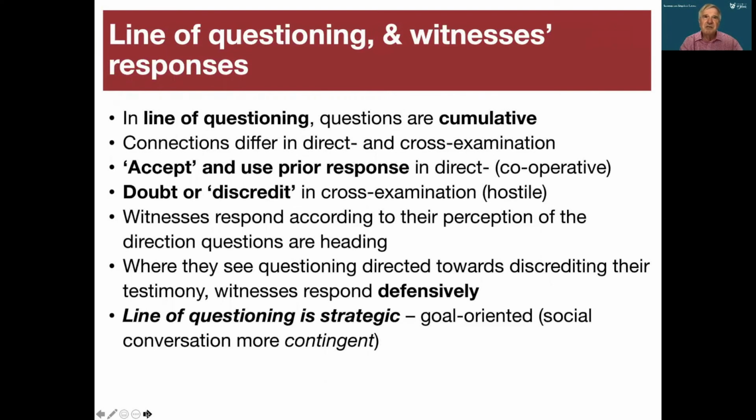The connections differ between direct examination and cross-examination. In direct examination, they accept or use the prior response by the defendant, whereas in cross-examination, they doubt or try to discredit the previous answer. So they are hostile. So there's the difference between cooperative and hostile questionings.